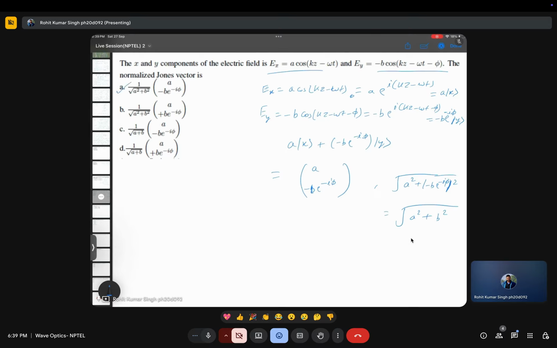A. Right? See how simple it is to calculate the resultant vector now. So this is the resultant vector. We have normalized it. Fine.